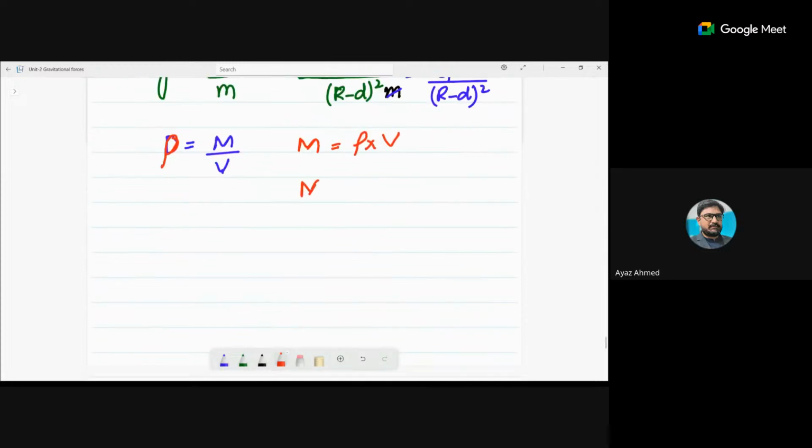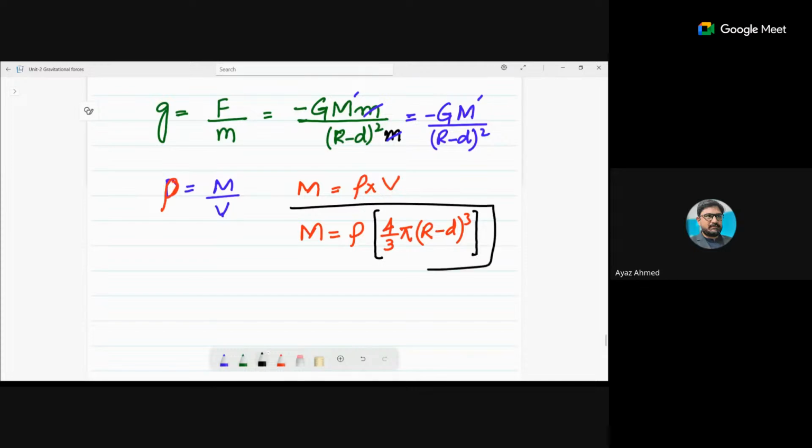So the mass is now equal to density of the earth into volume of the earth, which is 4 by 3 pi (r minus d) whole cube. Are you agreed with me? Yes, sir. Okay. Agreed. Now I will replace this entire value for mass.